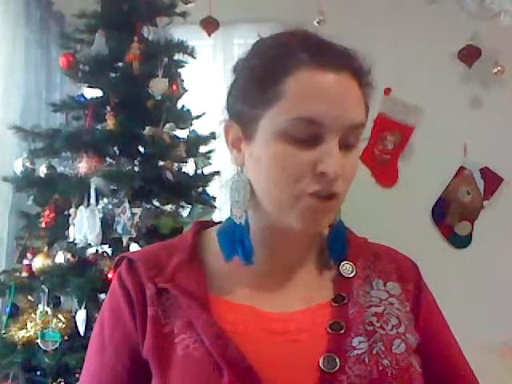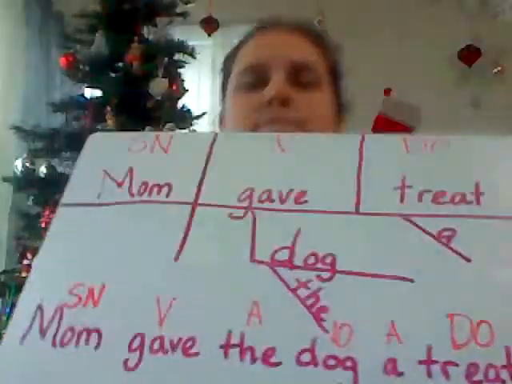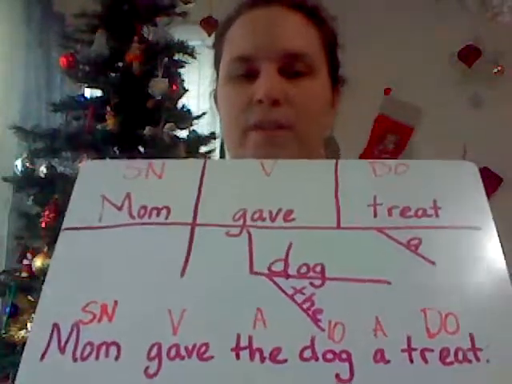Verify the noun. Does treat mean the same thing as Mom? No. Treat, direct object. Gave a treat to what? Dog. Indirect object. A, article, adjective. The, article, adjective. All right, let me turn that over so you can see it. And that's how we do our question answer flow.